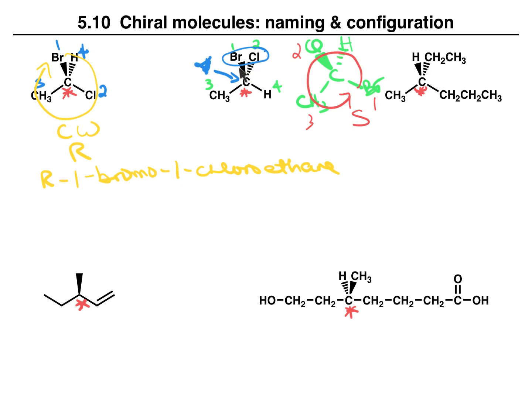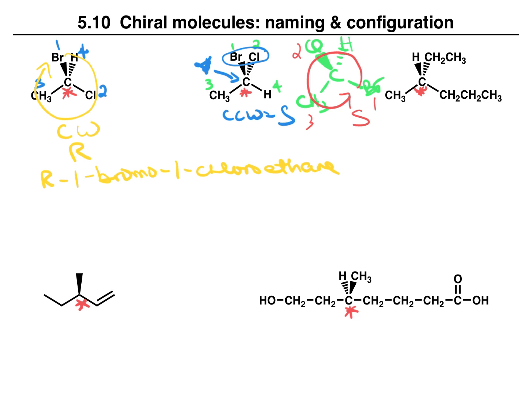So going from bromine on the right to chlorine on the left to the methyl, right to left to down, is counterclockwise, which is S. Now, when I think that I am looking down here, I usually will put myself to the side of the board so that I'm looking at it that way.